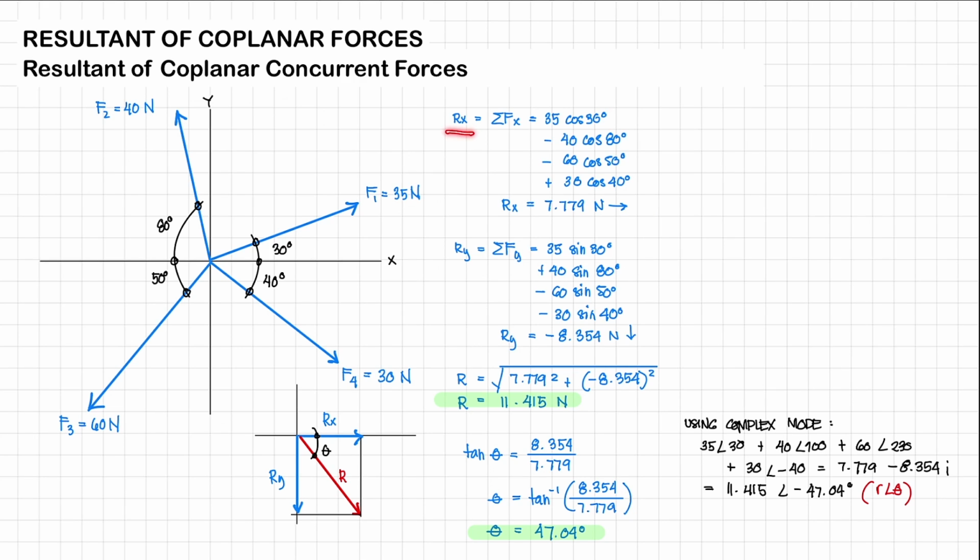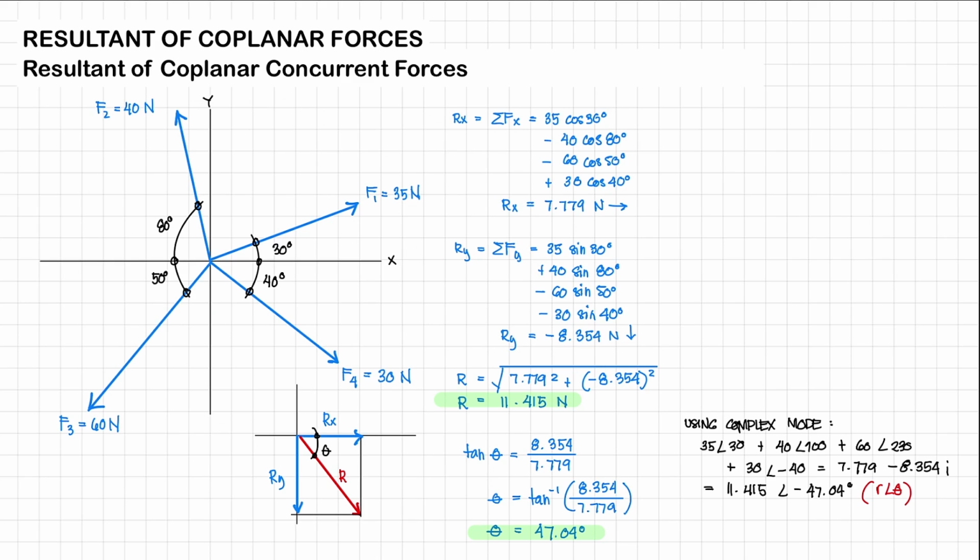So solving for Rx, it is just the summation of all the forces along the x-axis. So we're going to be considering the horizontal components of our forces, right? Let's start with F1, 35. We're going to assume a positive direction acting towards the right side. Then for the summation of forces along the y-axis, we're going to assume a positive direction of upwards. Okay.